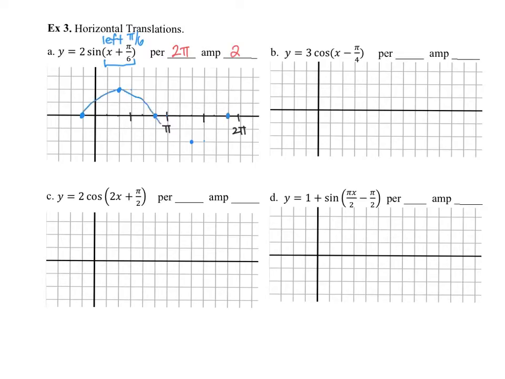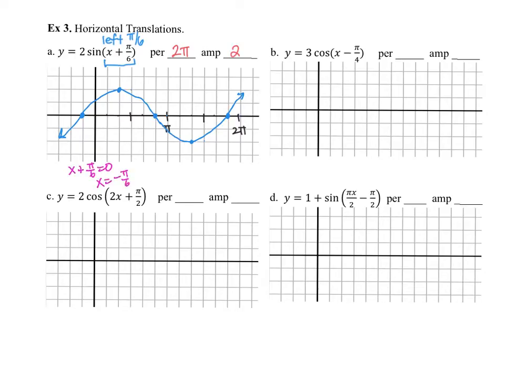Okay, so we can see that this is the sine graph with an amplitude of 2, but it is shifted left pi over 6 based on my scale. The formulas at the beginning of this section said if you want to figure out how to shift the cycle, I could do x plus pi over 6 equals 0.